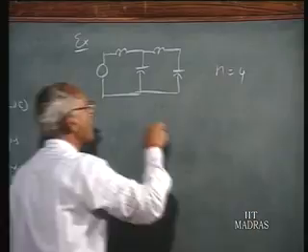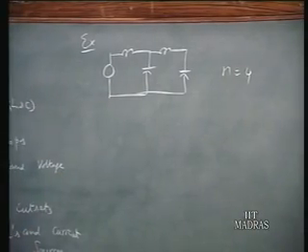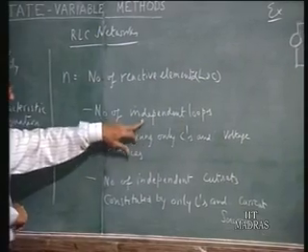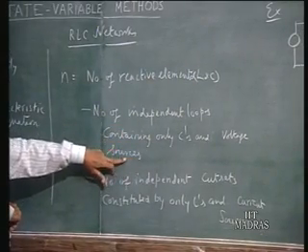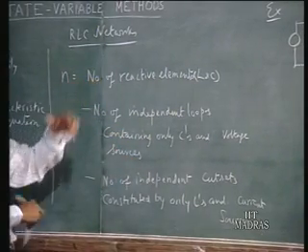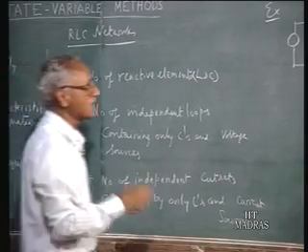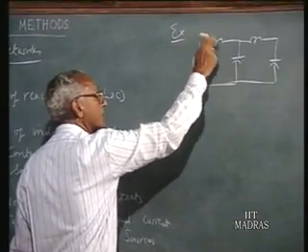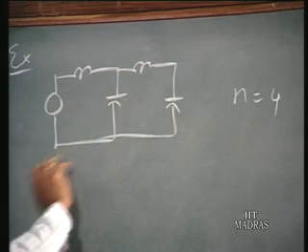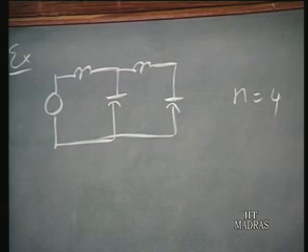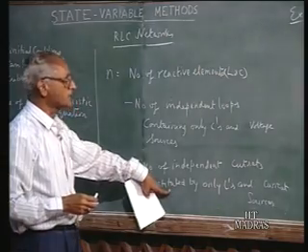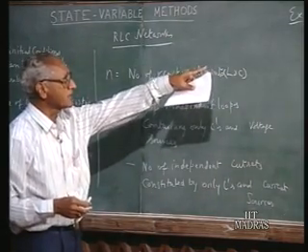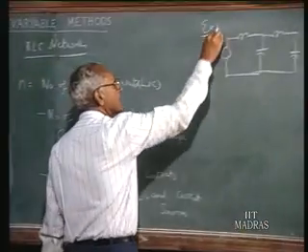There is no problem about this because there is no loop or closed circuit containing only C's and voltage sources, because this circuit has got an inductor, therefore there is no such thing. And about the cut set I will explain a moment later, but we take it for granted there is no cut set of inductors in this particular example. Second example.